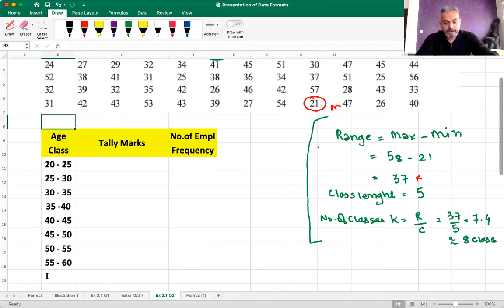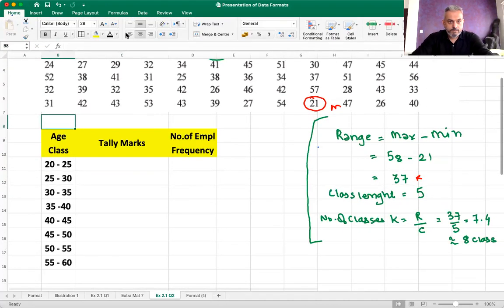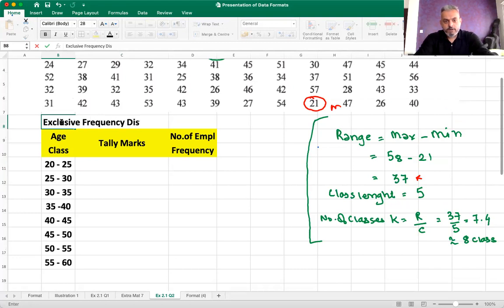So we write the heading: exclusive frequency distribution showing age of 60 employees.